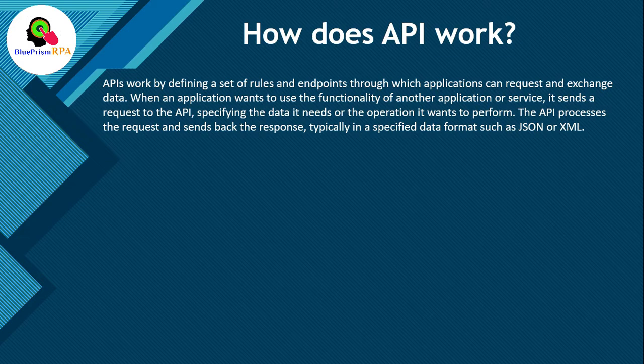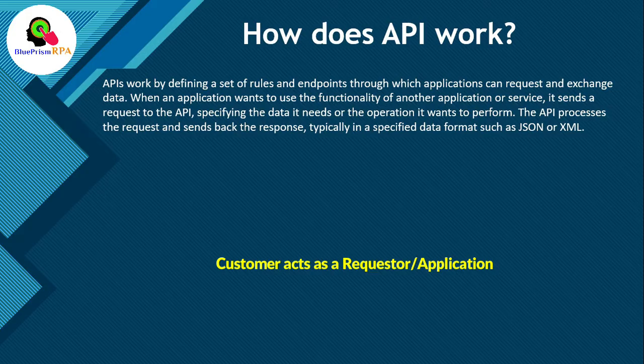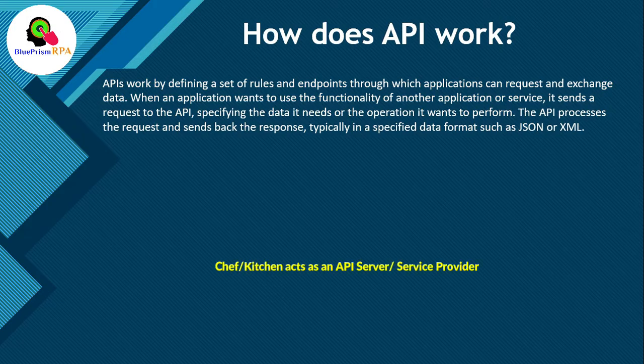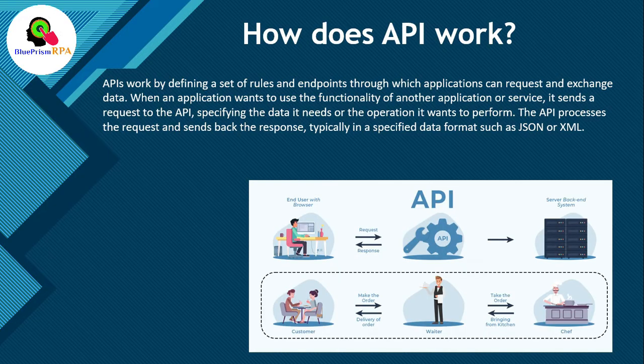In this example, you as a customer act as a requester. We can say that an application requests for food. The waiter acts as an API which takes the order from the customer and conveys it to the chef. And then the chef acts as an API server or service provider that fulfills your requirements and sends your order to you through the waiter. Let's see this screenshot.